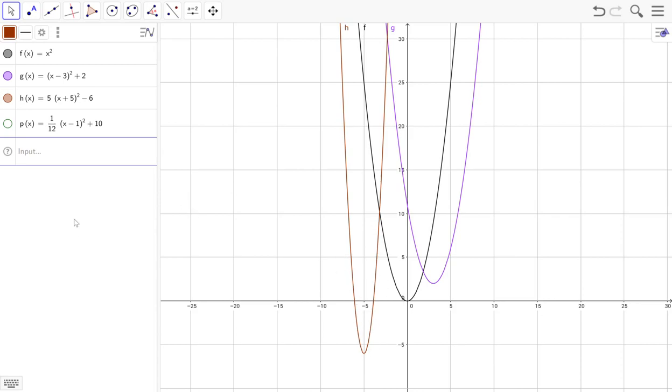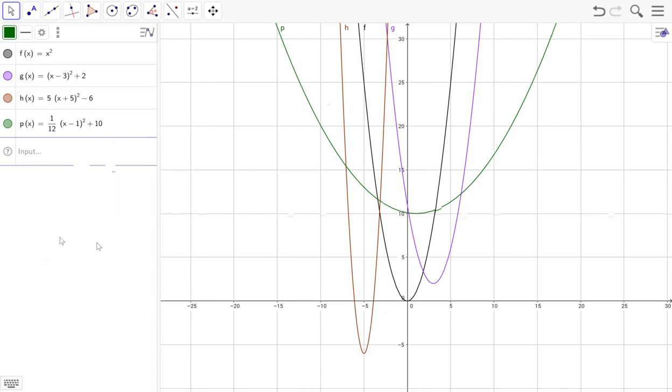And then the last one is going to be 1/12 (x minus 1) squared plus 10. This one we're going to make wider because of the 1/12. The a is less than 1 but greater than 0. And then the minus 1 is going to move us to the right 1, and the plus 10 is going to move us up 10. So it's this green graph right here.